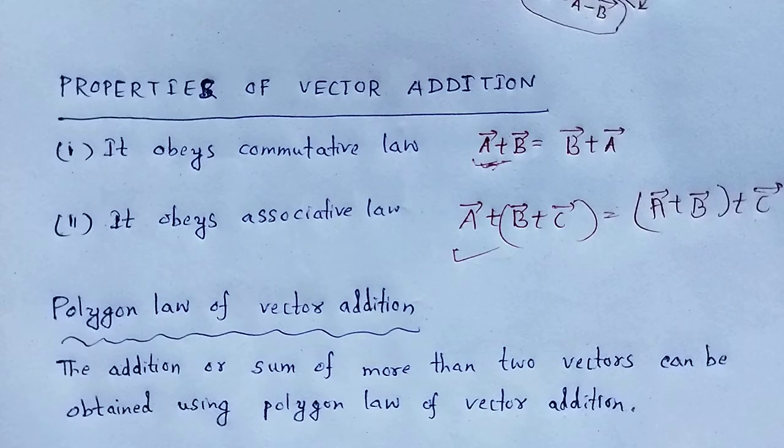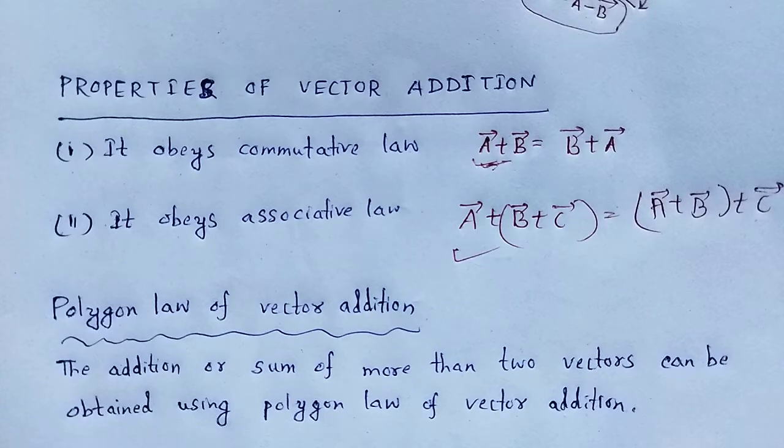These discussions are based upon two vectors. That means how two vectors are added and how two vectors are subtracted, or some laws regarding this, that is the triangle law of vector addition and the parallelogram law of vector addition.